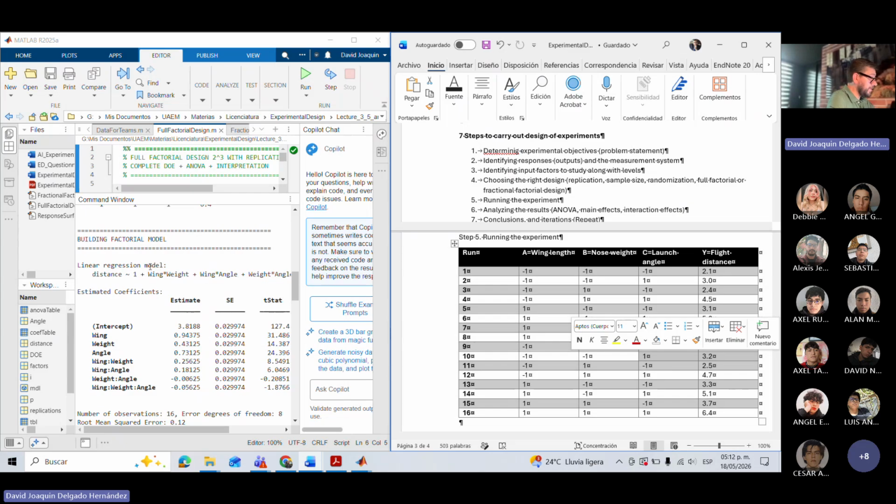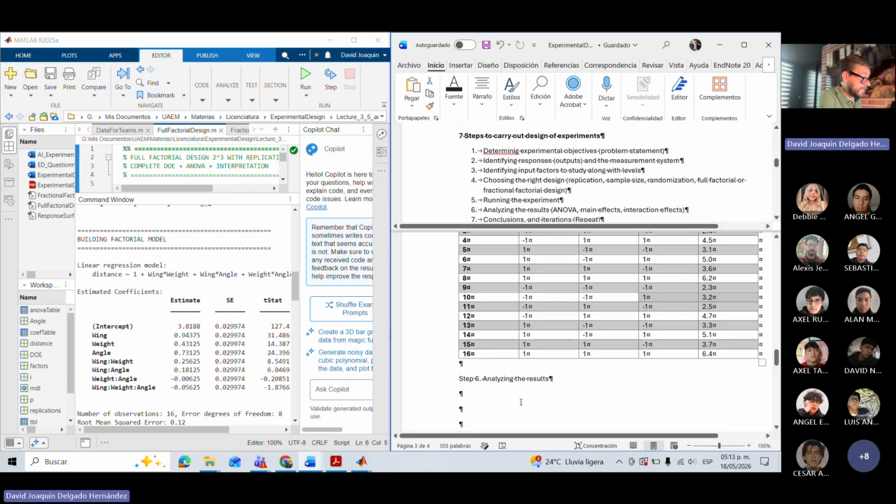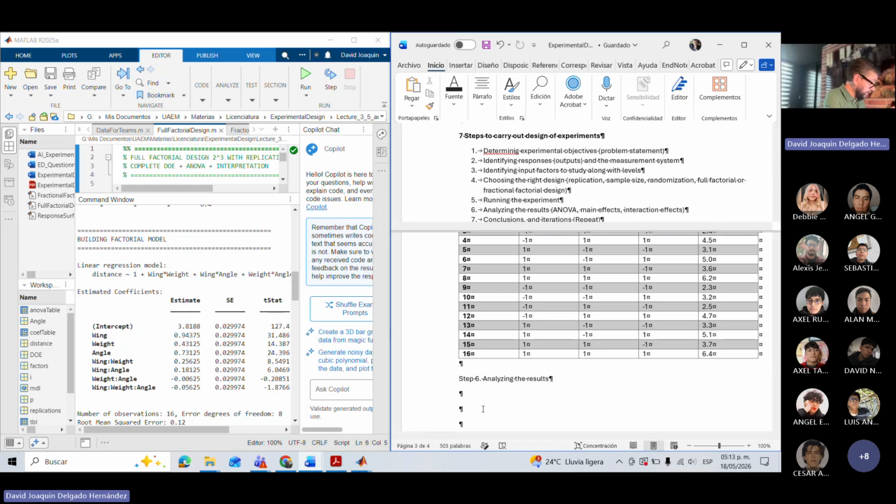And here is the building of the factorial model. So we are carrying out a linear regression model where the distance has to do with the different coefficients of these variables. So here I am going to put the mathematical model.